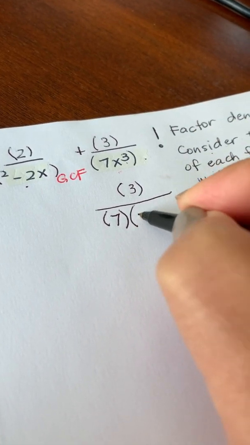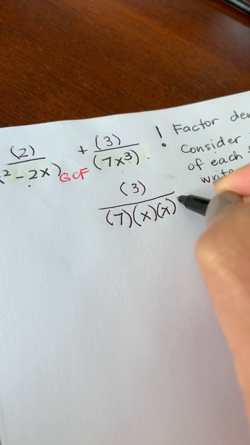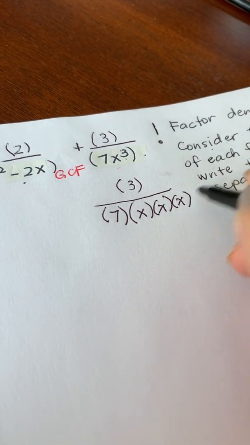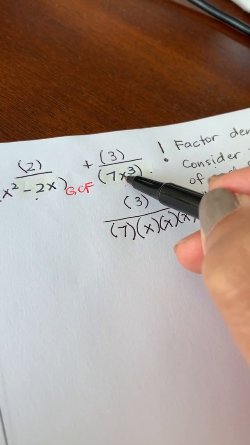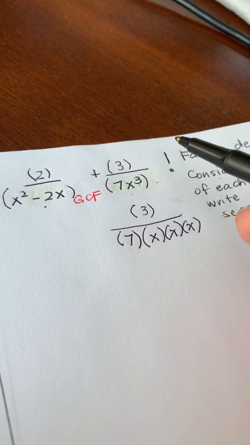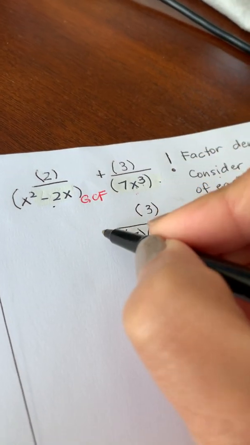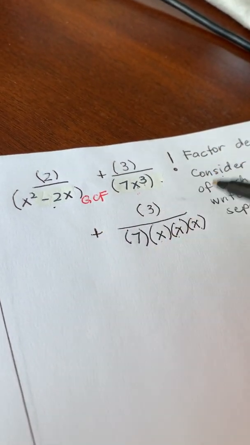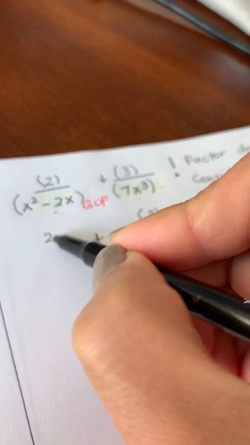So it would be better to write it separately, x times x times x. So every time you see a factor that has an exponent or is multiplied by itself so many times, you have to write it separately like this. Okay, that's very important.